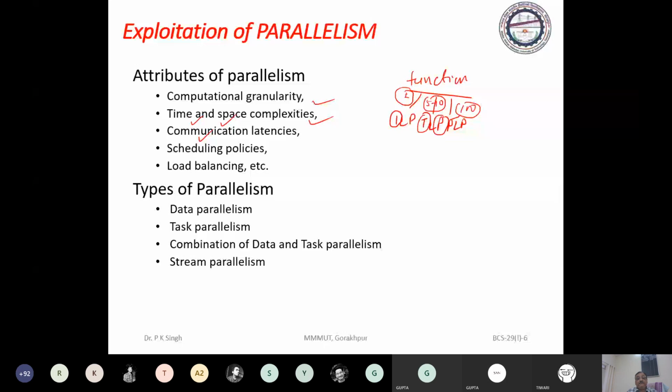But if you are doing parallel execution, you also have to care about communication latency. Suppose two threads or two processes are executing in parallel.